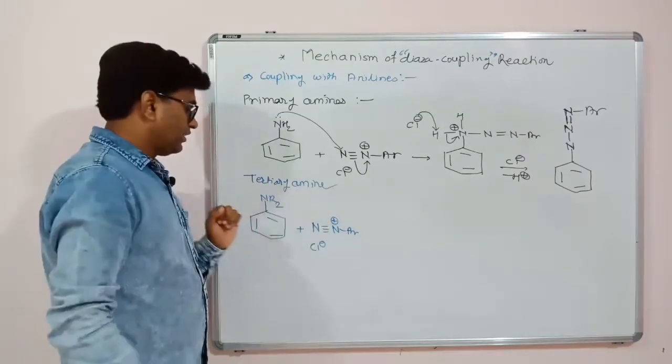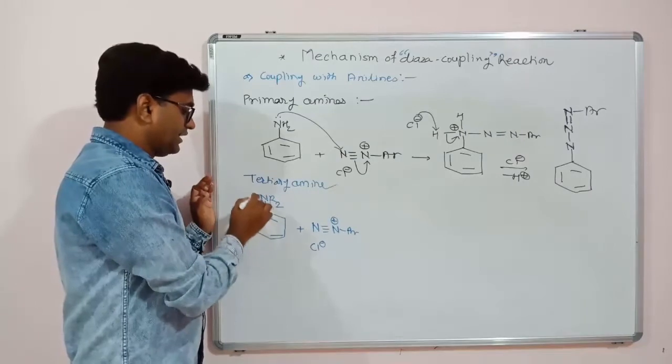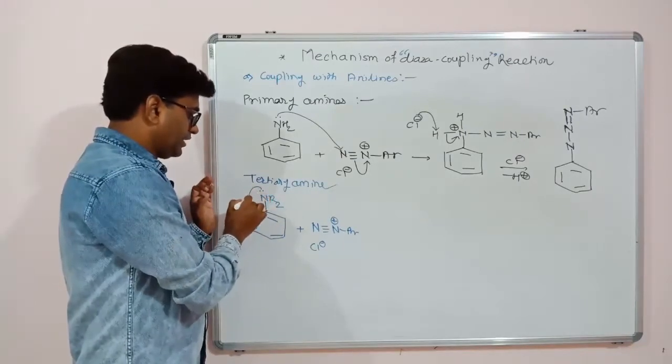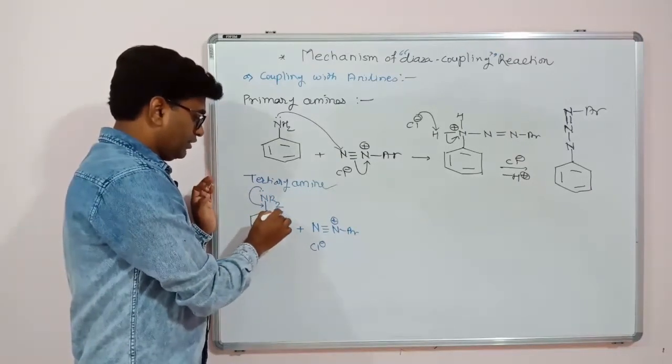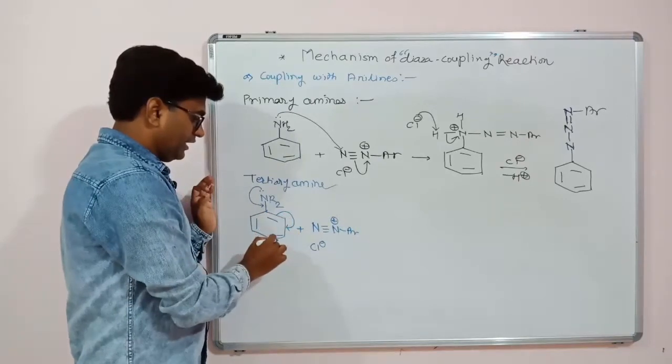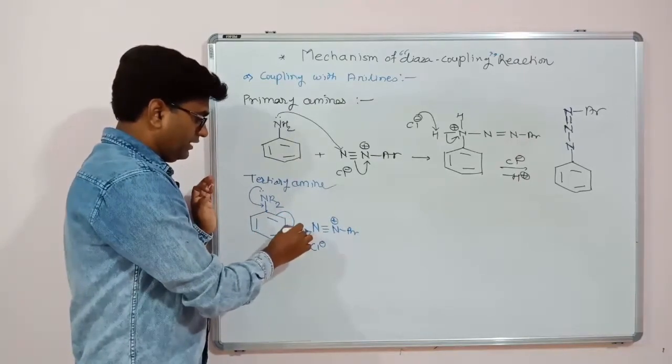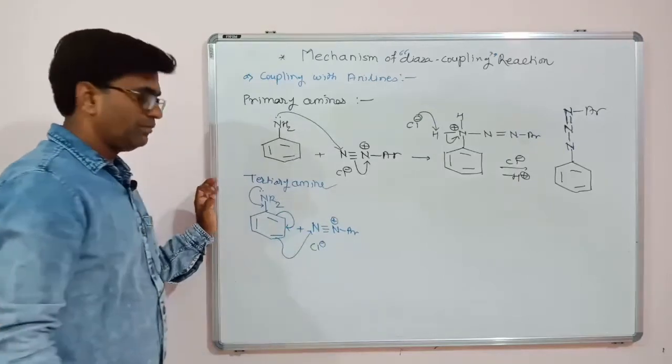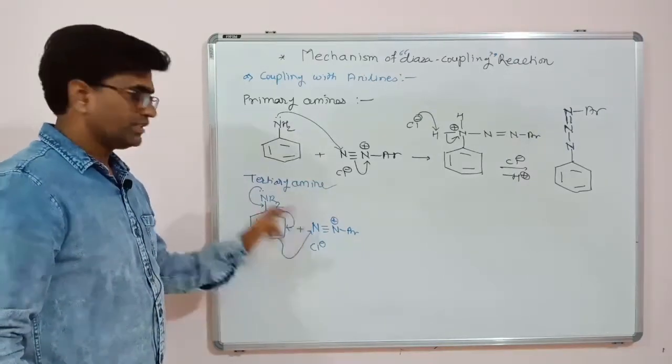going to react. This nitrogen activates the ring, so this lone pair coming inside, this pi bond will break, goes over here, and this para pi bond will react and form a single bond with this first nitrogen.